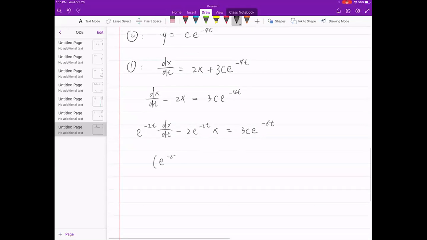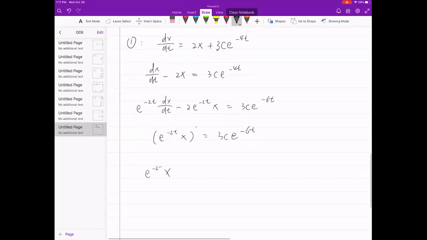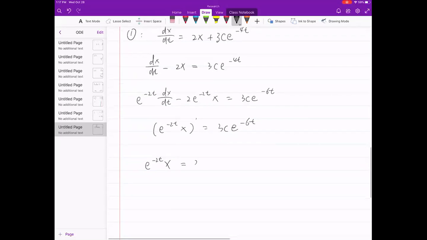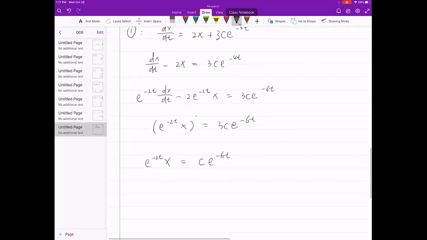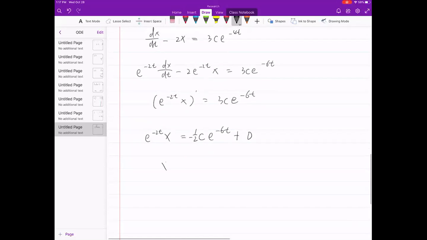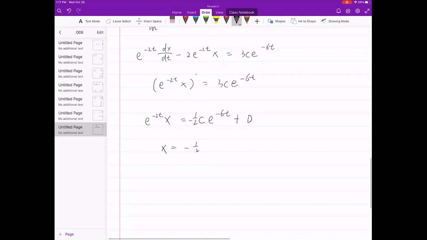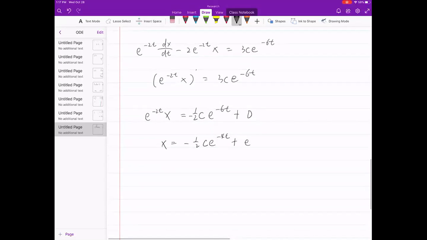Then we have e to the negative 2t times x' equals this, which gives us x e to the negative 2t equals 3c e to the negative 6t times negative 1/2 plus a constant d. So x equals d e to the 2t plus the particular part.